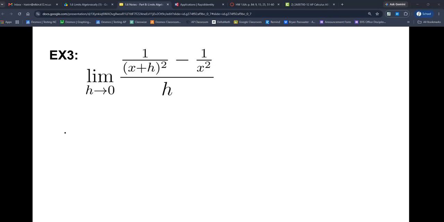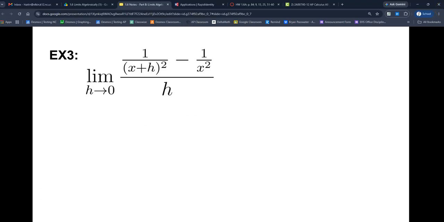So let's check it. No matter what, you want to check direct substitution first. That's always your go-to, because sometimes they have snuck a direct substitution problem in the middle of all these other hard problems, and you're going to miss it because you forget to check direct substitution. You just assume you're going to get 0 over 0.